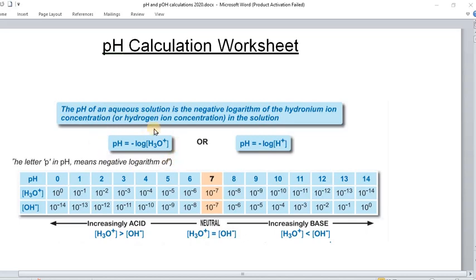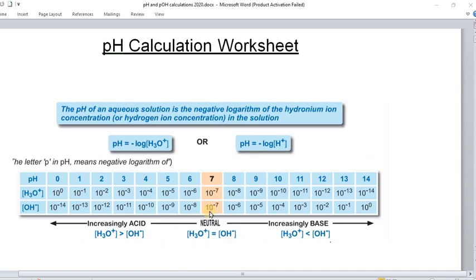This is the main formula that we use. You are writing it this way or this way, but in modern science, we will normally be using this. However, any of them is accepted. So here is the table of your pH range, from 0 to 14, right?